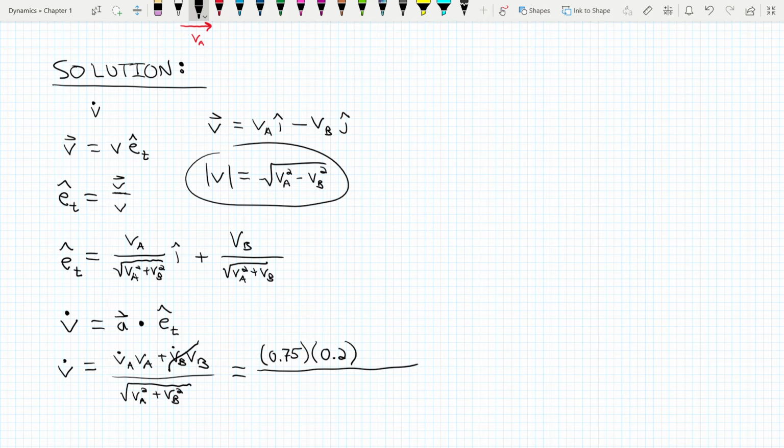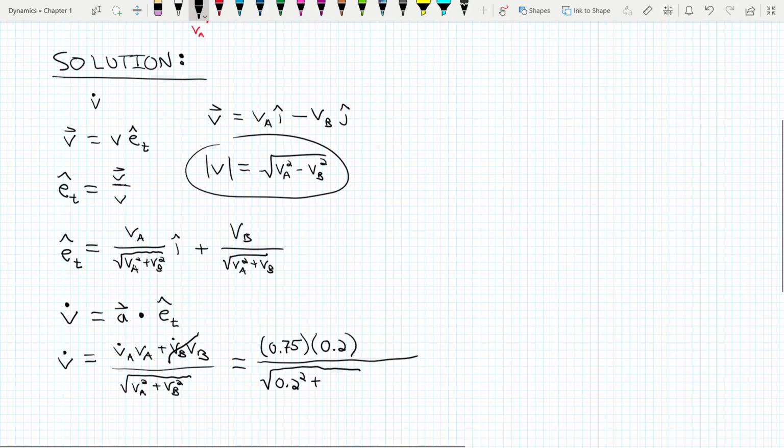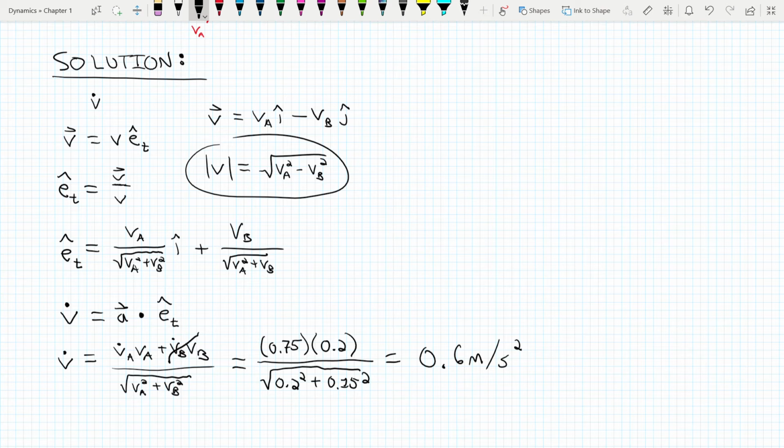So divide that all by the square root of 0.2 squared plus 0.15 squared. That is equal to 0.6 meters per second squared. So there is our answer for the rate change of speed.